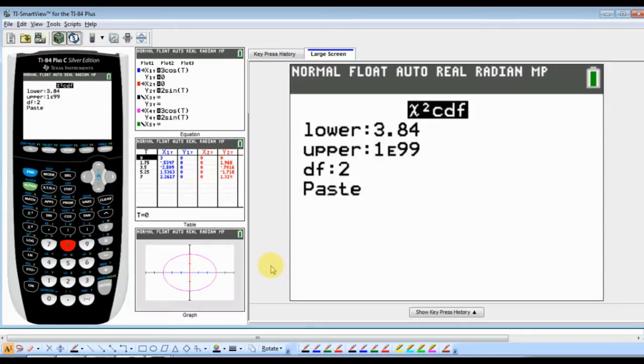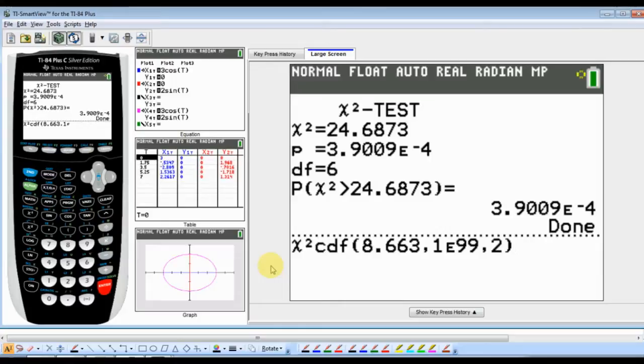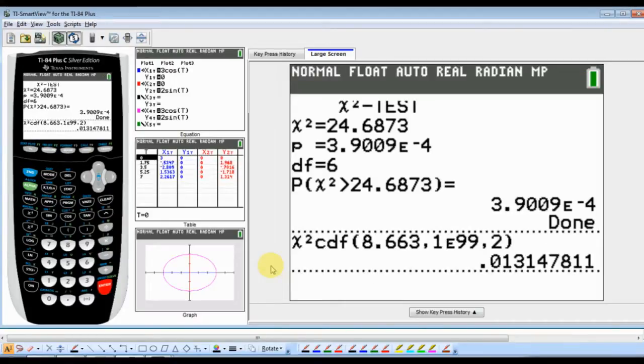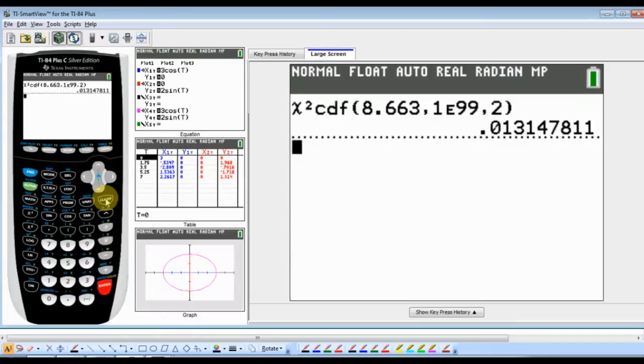Our chi-square test statistic is 8.663. Remember, that's given to you in the chart. Don't mess around with the upper. It should be 1E99. You have 2 degrees of freedom. And that gives me 0.0131. That's my p-value right there.